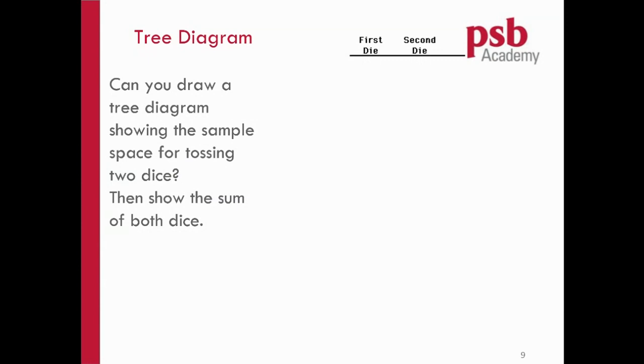Can you draw out the tree diagram when you toss 2 dice? Okay, how many sides on a die? So you have 2 dice, right? Okay, you're throwing these 2 dice. So what can be your first outcome? There are 6 sides on the die.